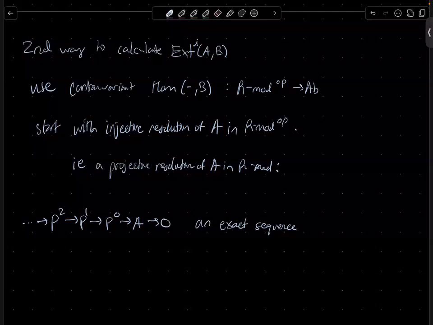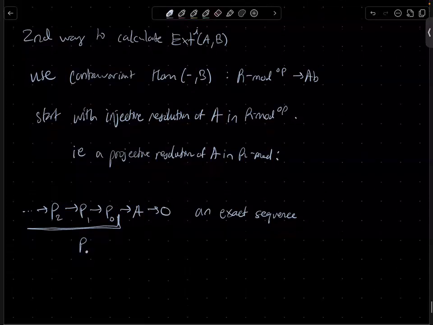And then like before, maybe I'll just call this chunk of it P lower bullet. So I should really have these numbers down here: 2, 1, 0. Right, because this here, it's descending, I guess, when you look at it. Okay, so it's a chain complex that is exact.